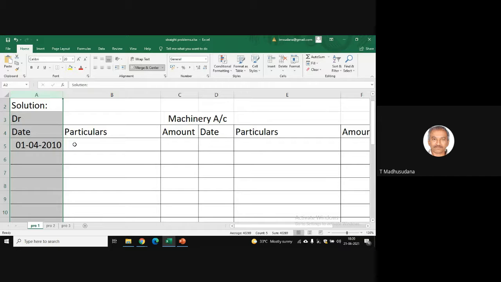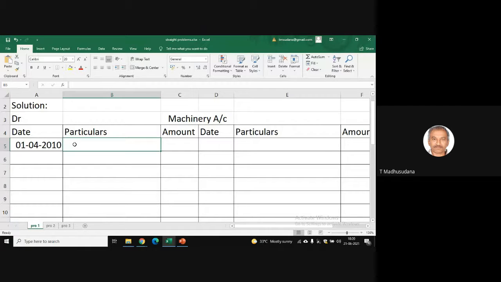When machinery is purchased, what is the entry? Machinery will come into the organization and cash may go out. The cost of the machinery is 3 lakhs, and for its installation 30,000 rupees expenses was incurred.